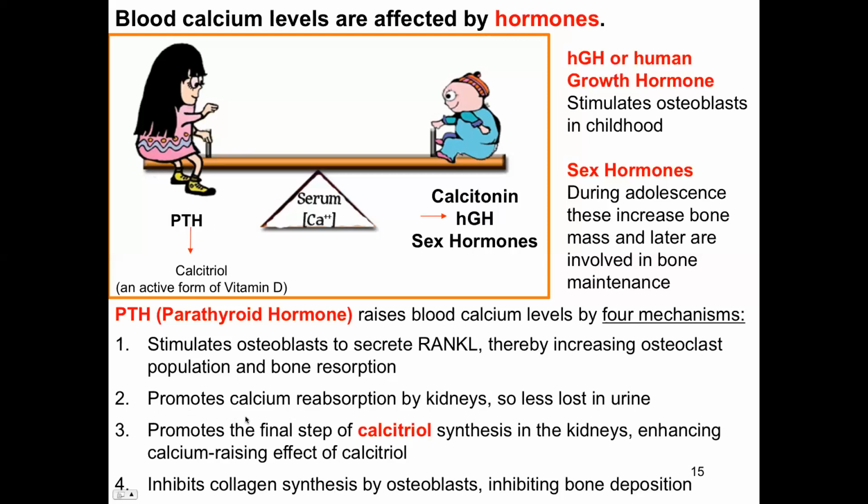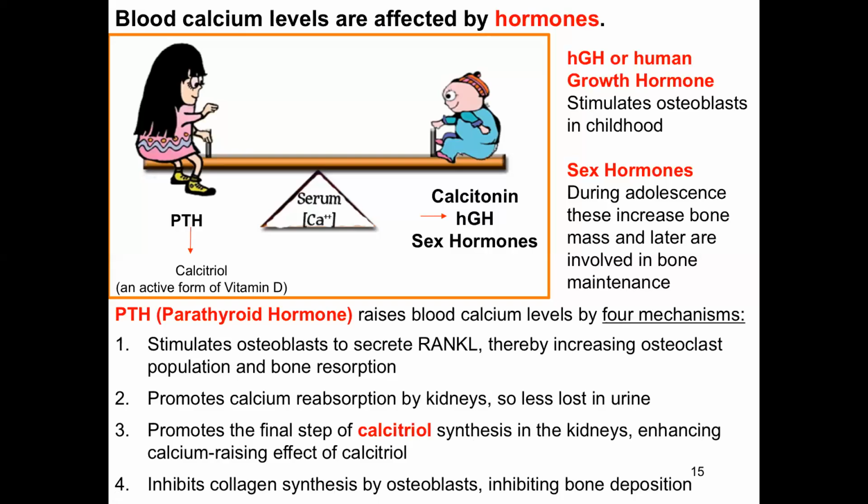It's also going to stimulate the kidneys to reabsorb calcium from the urine, so it's going to put it back in the blood. It's going to promote the final step of calcitriol synthesis in the kidneys. And we already went over that a little bit before in the course, but I'm going to review with you what vitamin D does.